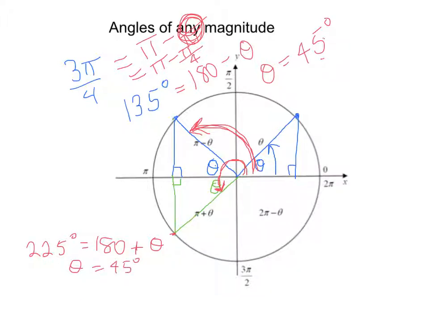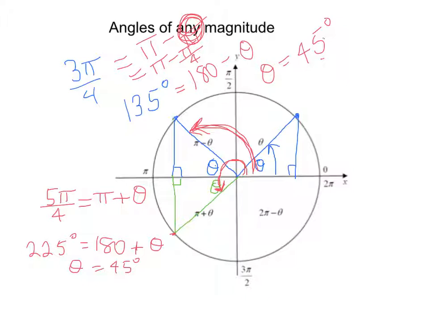And similarly, in radians, you would say 225 degrees is 5 pi on 4 radians, just by going 225 pi on 180 and simplifying. So 5 pi on 4 radians is going to be pi plus theta. Now the indicator that you know it's going to be plus is because 5 pi on 4 is an improper fraction.